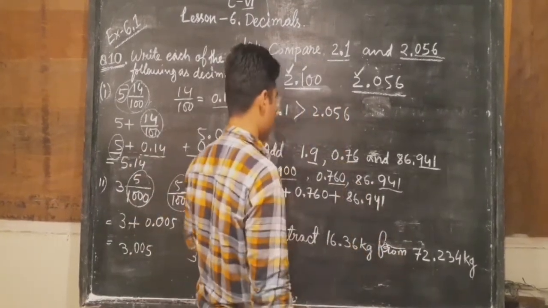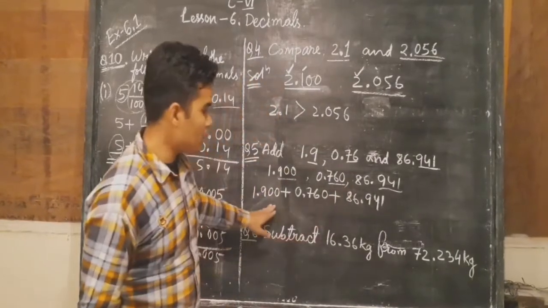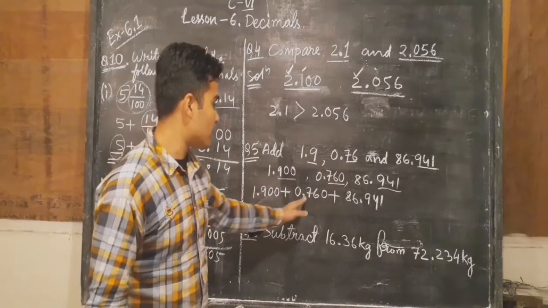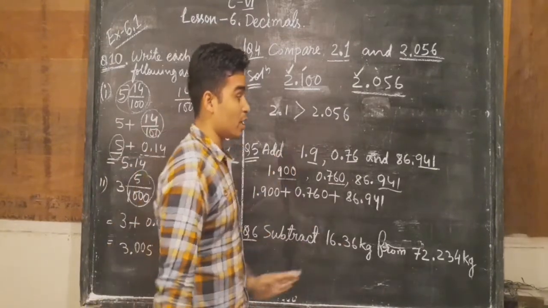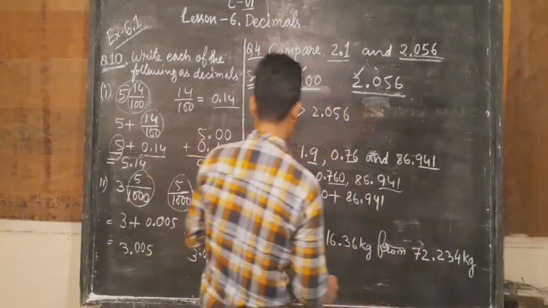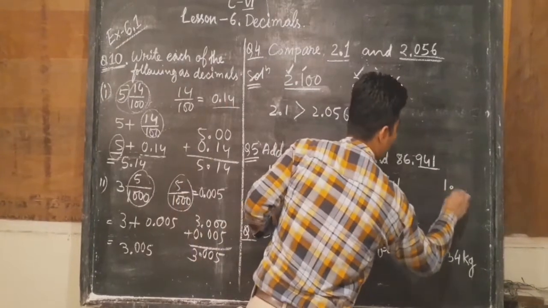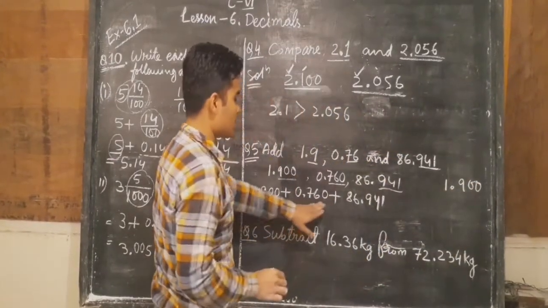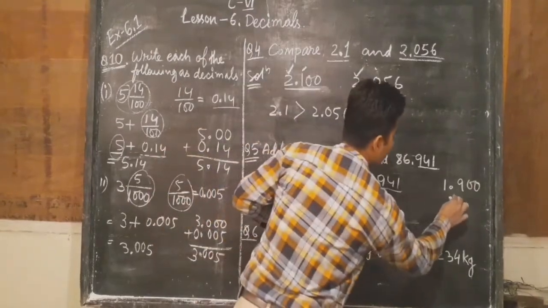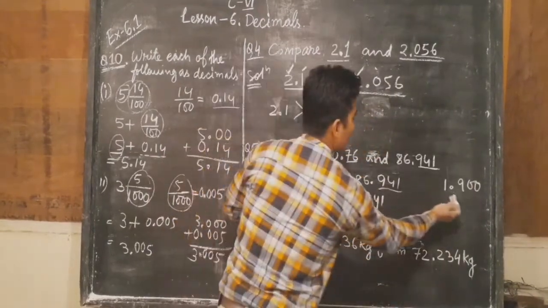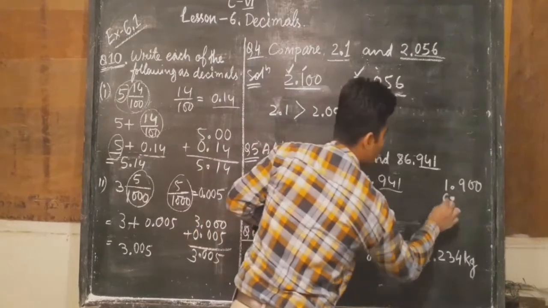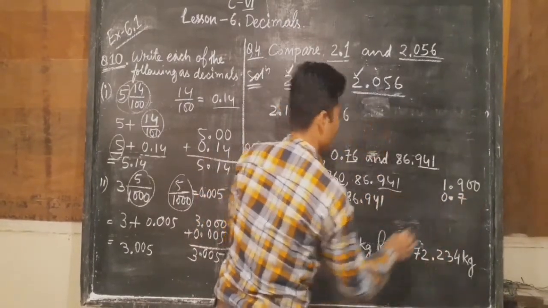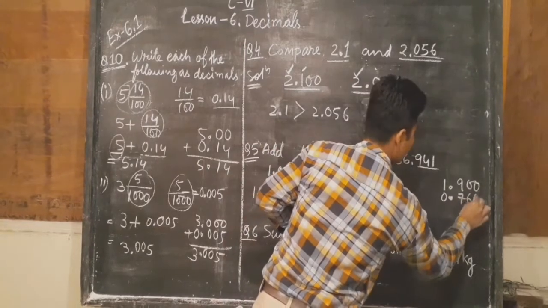How do we have to arrange? When you arrange any decimal numbers for adding and subtracting, always keep in mind that the decimal points have to be in the same column. So you see 1.900. In the next decimal number, you write the point first, and in the whole number part there is 0. Write that in the whole number part, and in the decimal place is 760.